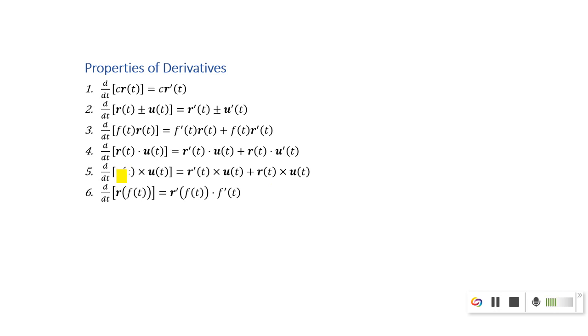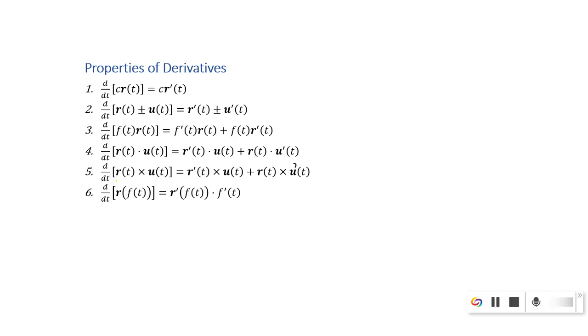So again, it's saying our derivative of a cross product, we take the derivative of the first cross the second, and then, oh no, that should say derivative of the second. Let me fix that real quick. All right, there we go.